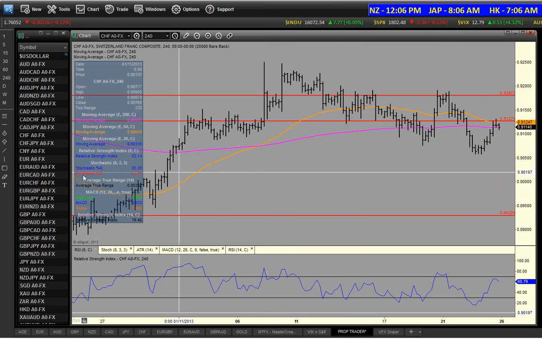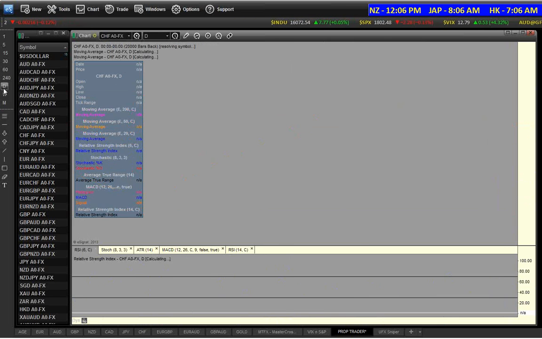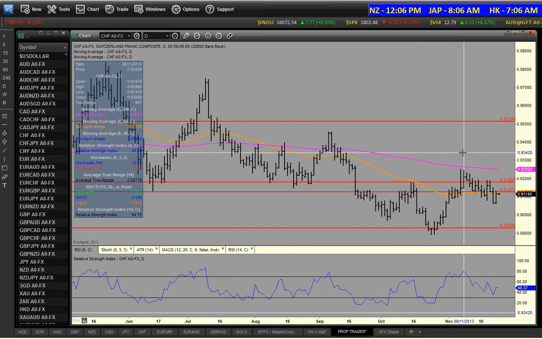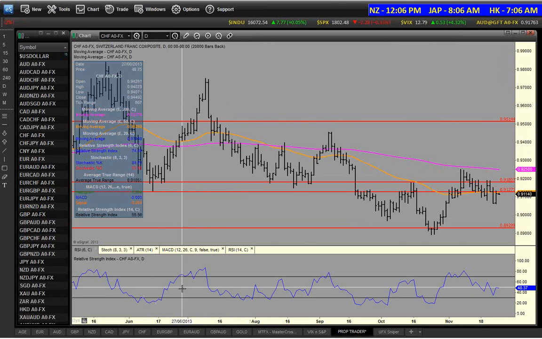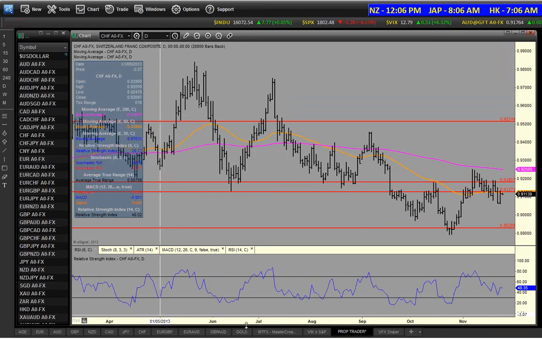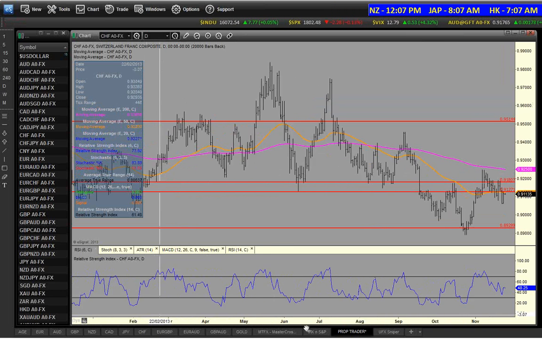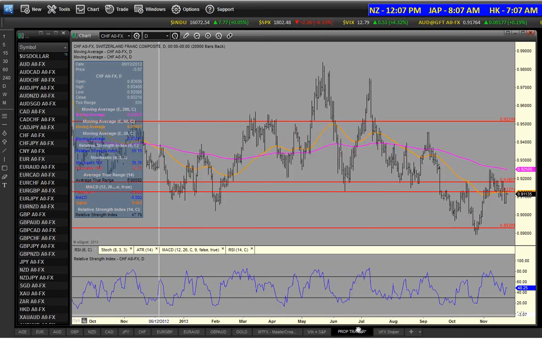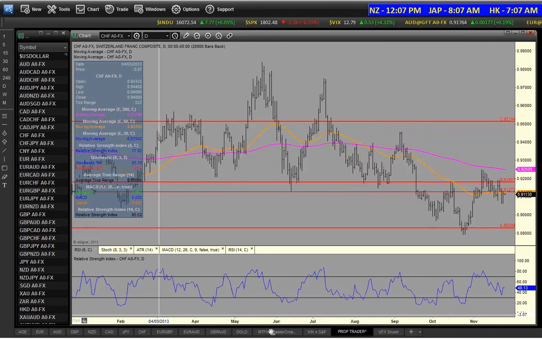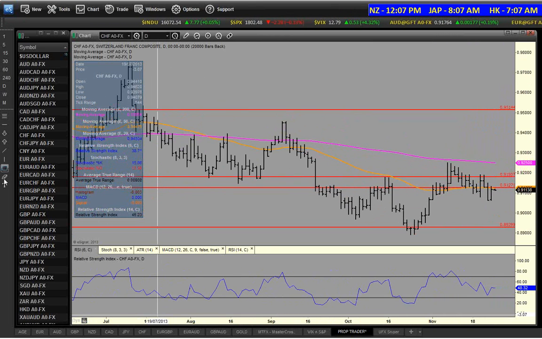Nice high test there to look to go short. But the cyclicity, I don't see it as clean as others. More kind of range bound, if anything.